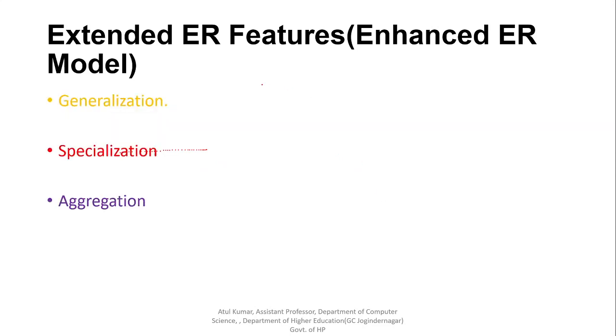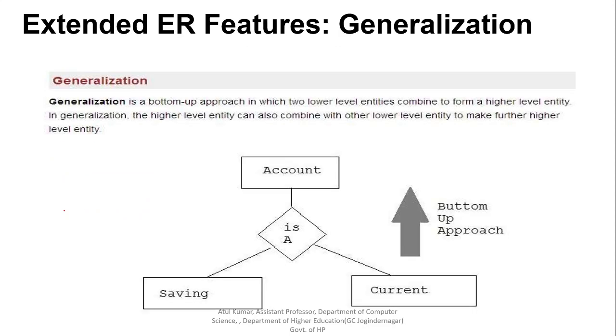So in extended ER features, or the enhanced ER model, we have three concepts: one is generalization, another is specialization, and the third is aggregation. What is generalization? Generalization is basically a bottom up approach, where two lower level entities combine to form a higher level entity.